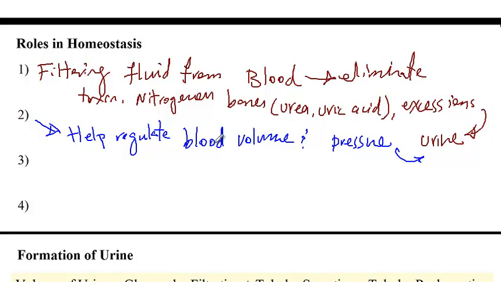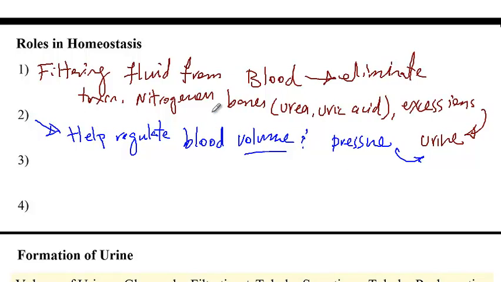So for instance, if the blood pressure and volume is too low, then the kidneys reabsorb more water and salts. On the other hand, if the blood pressure is too high, then the kidneys will let more water be excreted as urine. So it will let more diluted urine get excreted, and it will also let more salts get excreted so that the blood pressure and volume will drop.